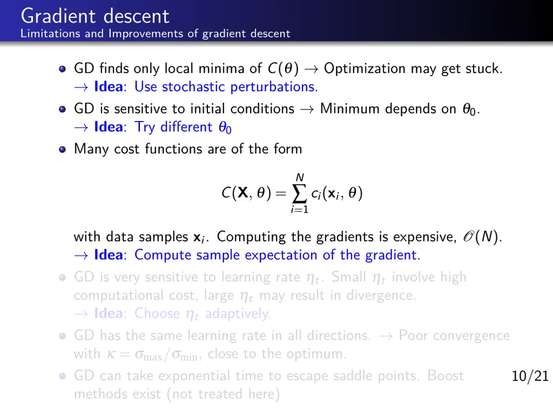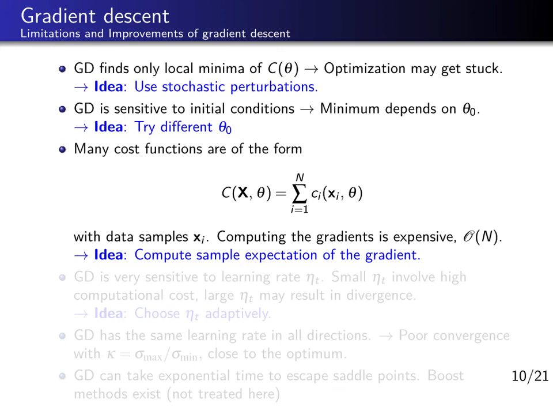A practical consideration is that the loss functions we want to optimize are often of this form. It's a sum over data points of loss functions for every single data point, such as in supervised learning, where we compare predictions of a neural network with the labels of the corresponding data point. In this case, computing the loss function and also the gradient of the loss function is expensive because we simply have to evaluate many, many terms.